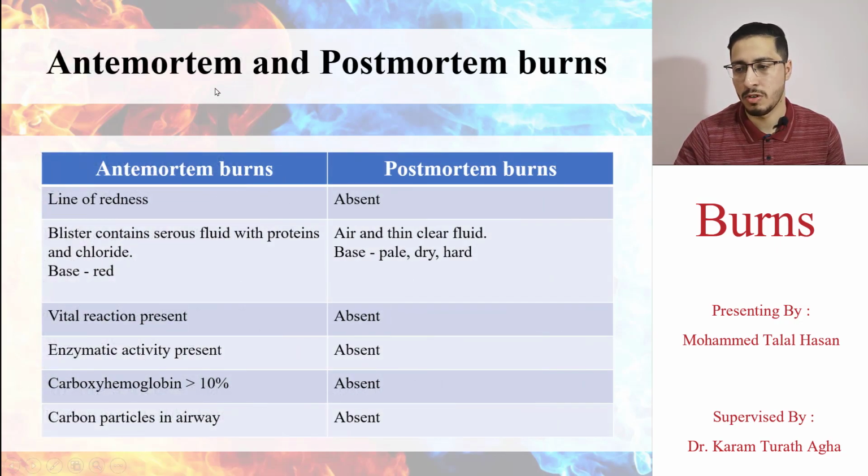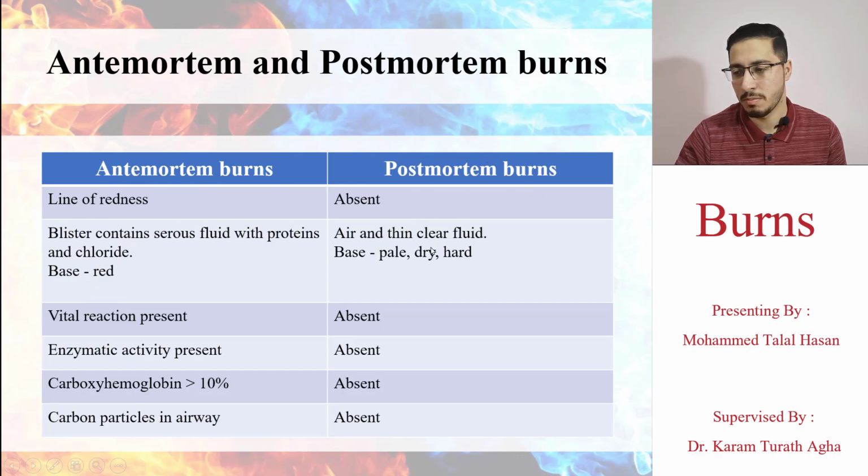Here's the differentiation between the ante-mortem and the post-mortem burns. We can see the line of redness in the ante-mortem burn, and in the post-mortem burns it is absent. The blister contains serous fluid with protein and chloride, and the base of the burn will be red in color in the ante-mortem burns.